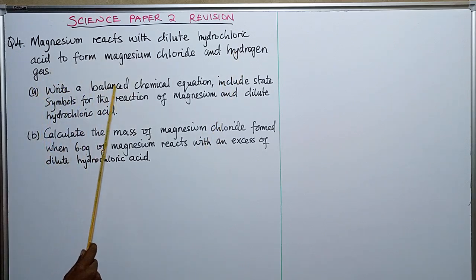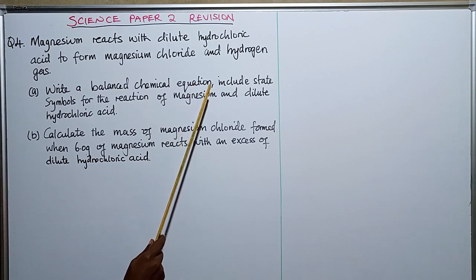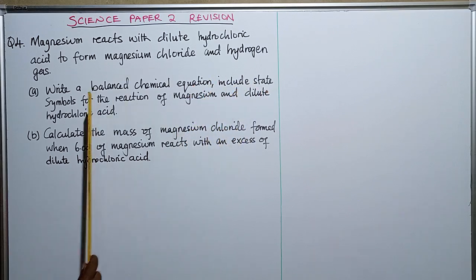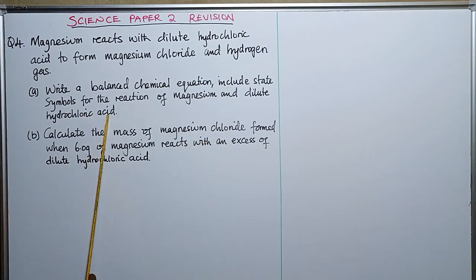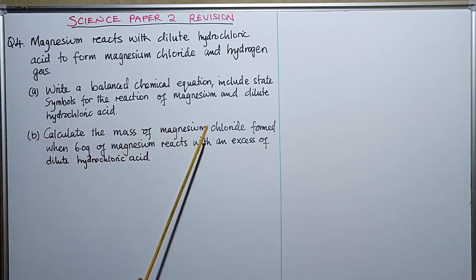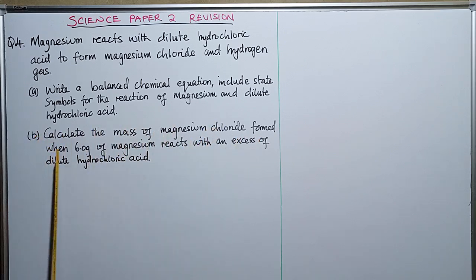A, write a balanced chemical equation, including state symbols, for the reaction of magnesium and dilute hydrochloric acid. Then B, calculate the mass of magnesium chloride formed when 6.0 grams of magnesium reacts with an excess of dilute hydrochloric acid.